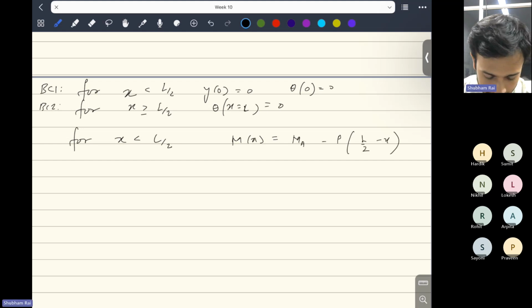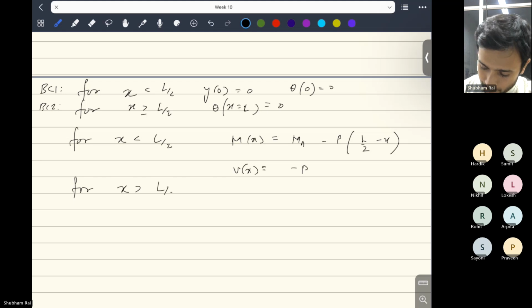Okay, and your V of x will come out to be minus of P for x less than L by 2. For x greater than L by 2, your Mx will be equal to MA.